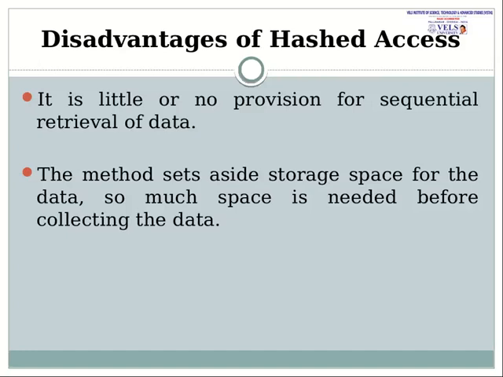Hashed access is only for fast random access storage and retrieval of data. The method sets aside storage space for the data, so much space is required before collecting the data. Because the number of locations points to different kinds of data, we need more space for hashed access.